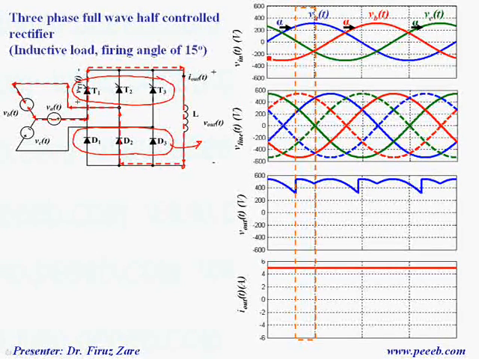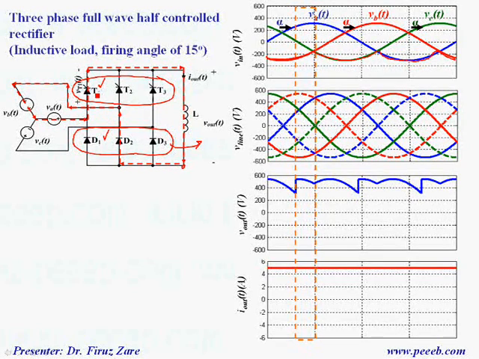That means we have this voltage. Because we have a diode rectifier, there is no control on this voltage. So here we can see that, for example, if one of the phases is lower than the other phases, that diode conducts. For example, in this leg we have one thyristor, one diode.